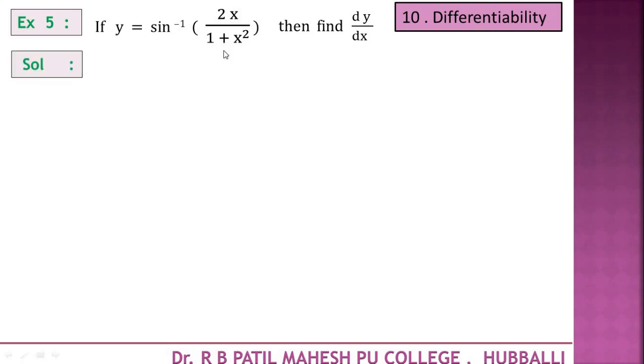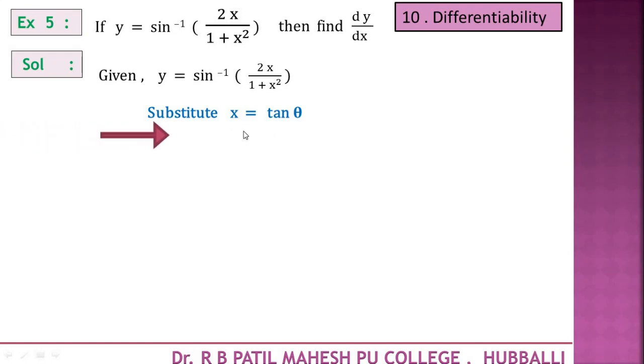Now first you write the given function. Identify what substitution we have to take for the expression 2x divided by 1 plus x square. For this expression, as I discussed just now, x is taken as tan theta. Is it clear? Next, if you transfer the tan function to the left side, this implies tan inverse x is nothing but the theta value.